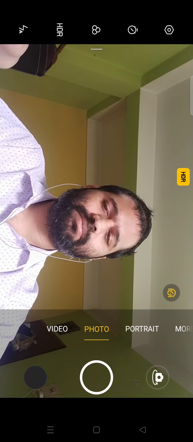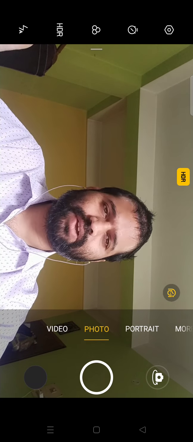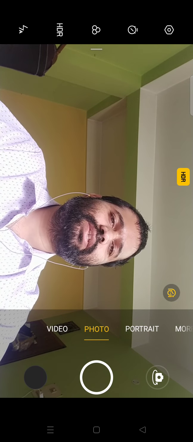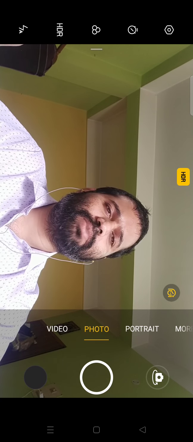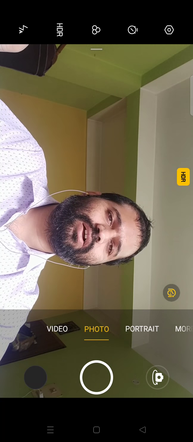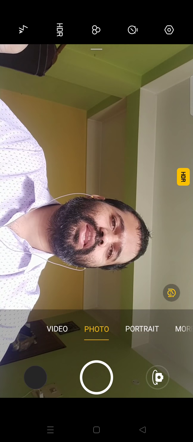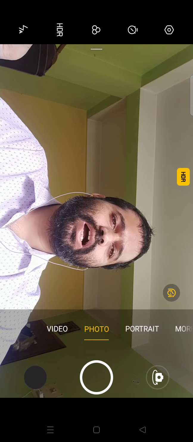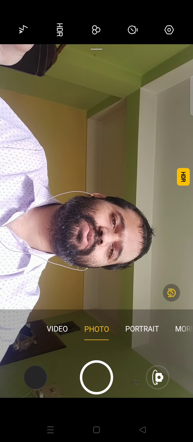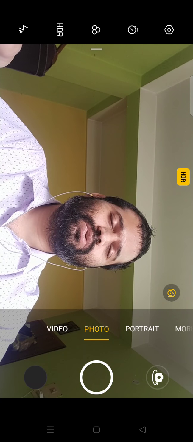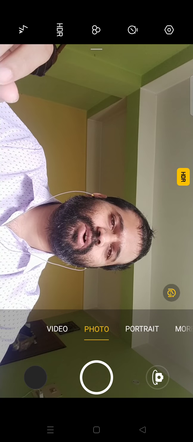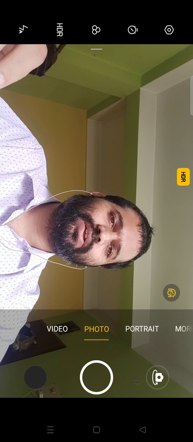Now next number 5, I think. Whatever number it is, write according to your number. So next is area of a rhombus. Area of a rhombus equals half into d1 into d2. d1, the 1 should be at the bottom right side, into d2.